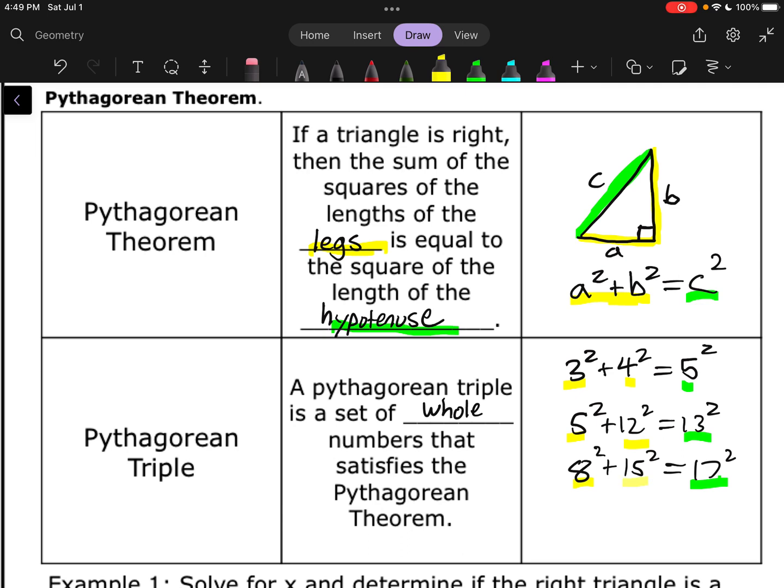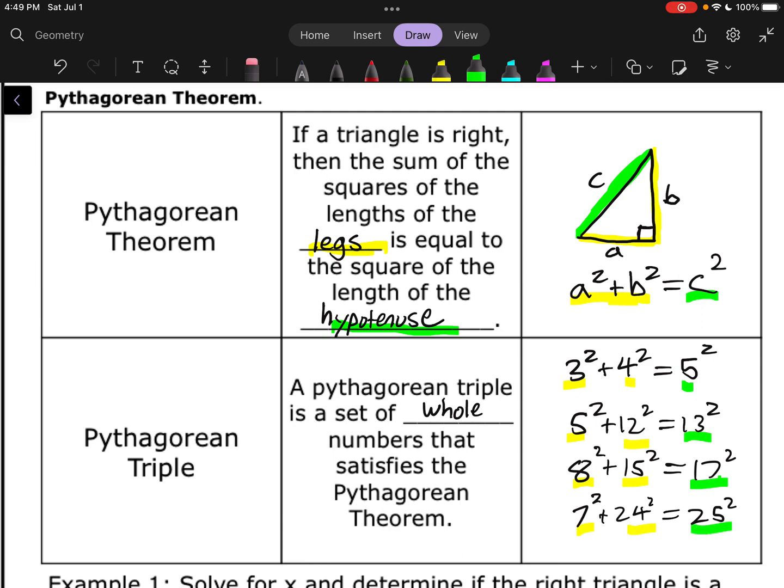And of course, the yellow ones are the lengths of the legs, right? We could have a leg of 8 and 15 and a hypotenuse of 17. And then another one would be 7, 24, and 25. That's another good one.